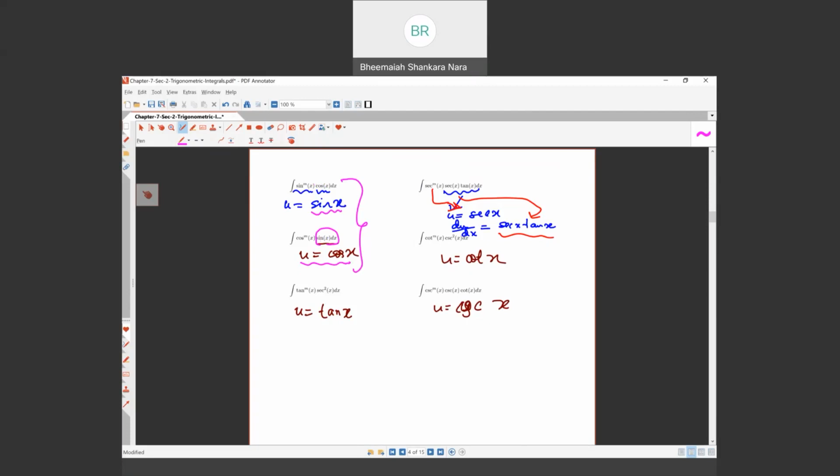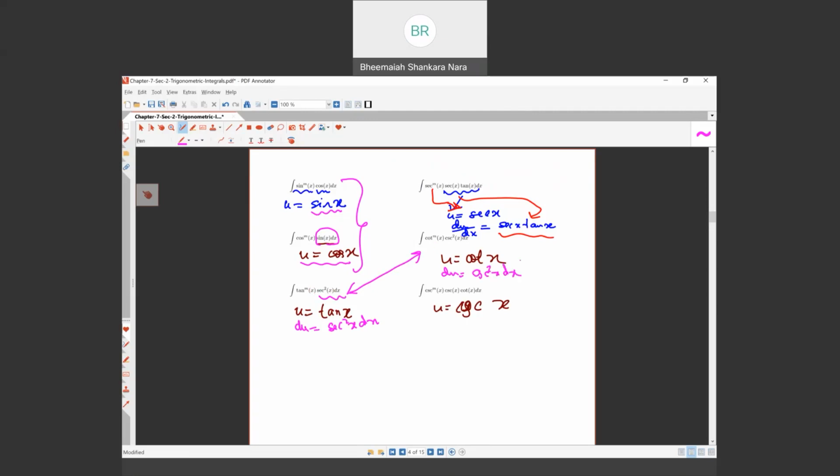The integrand is the term which you integrate. Similarly, these two are similar. The derivative of tangent is secant square, the derivative of cotangent is cosecant square. And you see that you have tan to the m times secant square here. So if you assume tan x and derive this, the derivative of tan x will be secant square x dx, which you are seeing here. Similarly, if you assume u is cotangent, your derivative will be cosecant square x dx.